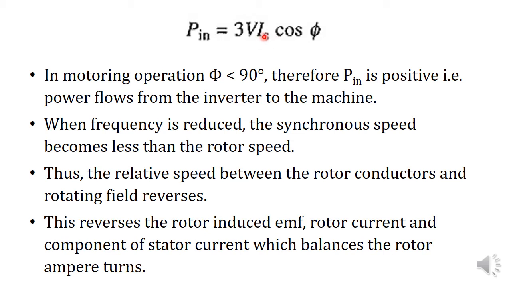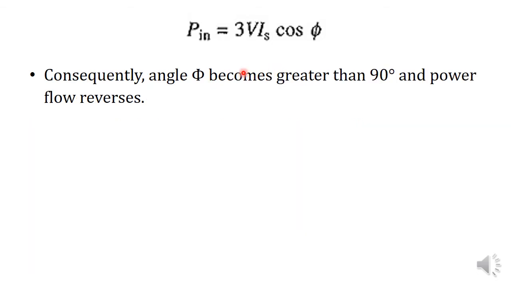That means IS will shift, and the angle between V and IS becomes greater than 90 degrees, leading to braking operation. That is, Pin becomes negative. Consequently, the angle phi becomes greater than 90 degrees and power flow reverses.